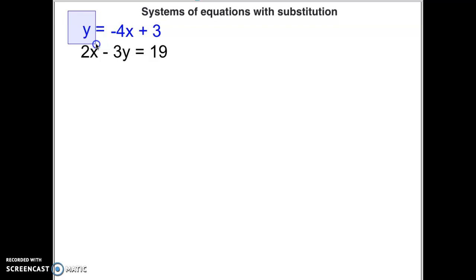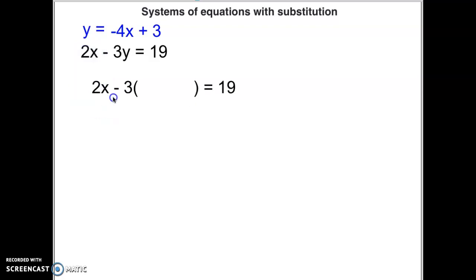This is very important. So what we're going to do is take the other equation, the one that does not have a variable by itself, and rewrite that equation in a special way. You're going to notice that I wrote the 2x just like I did here, 2x.